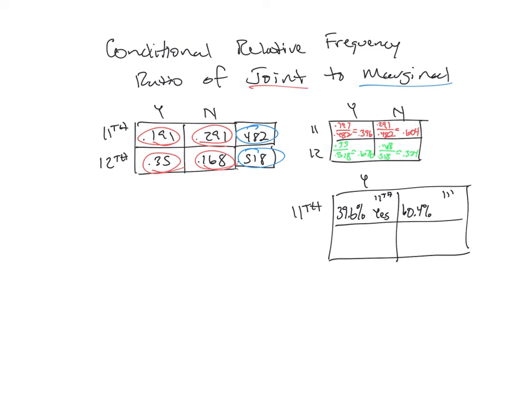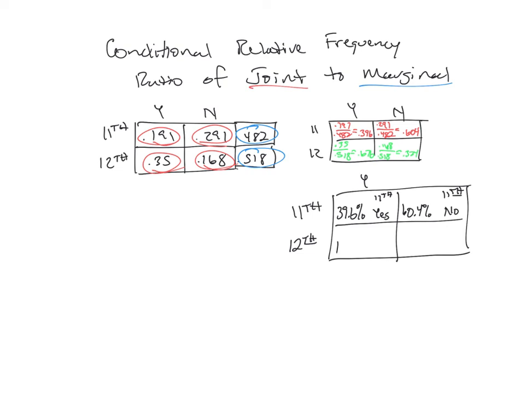Of the 11th graders, not compared to everybody, just the 11th graders. It's conditional. It's just the 11th graders. Okay, the rest said no. So the other ones, when we do the joint, it's conditional. Just 11th, just 12th. There's a condition to it.